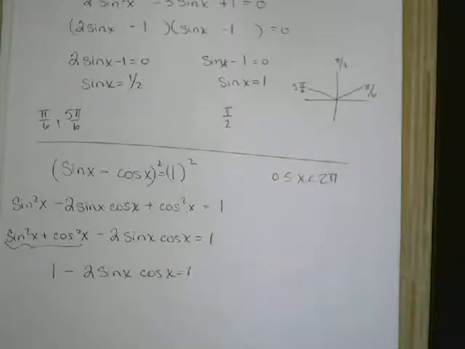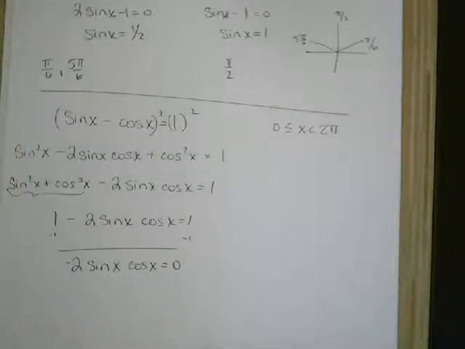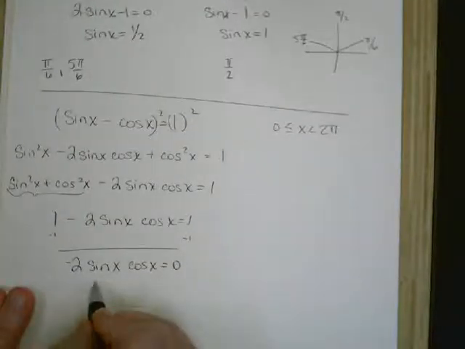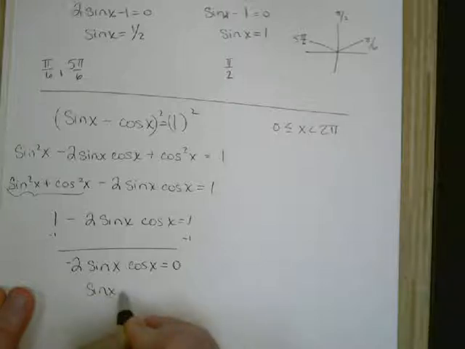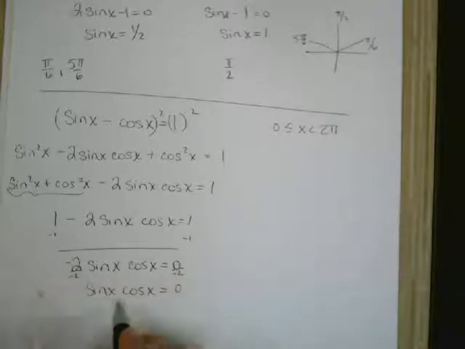I'm going to subtract 1 from each side. It's going to give me -2 sine x cosine x is 0. Divide by -2. So now you're ready to factor.